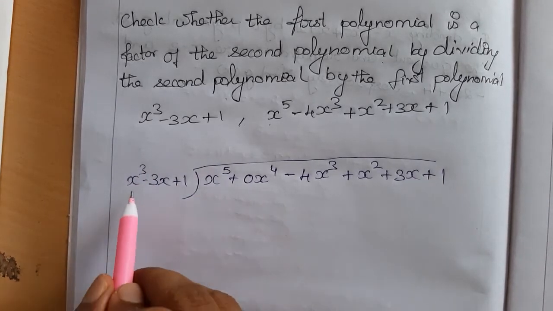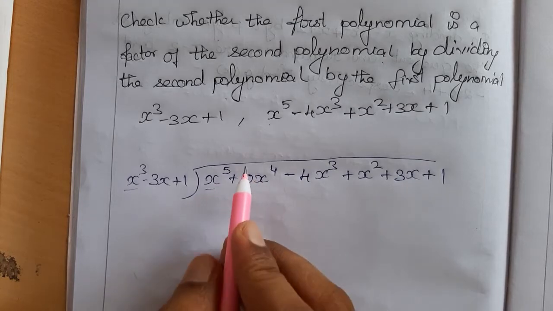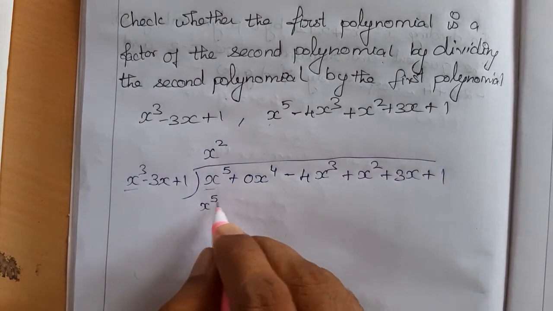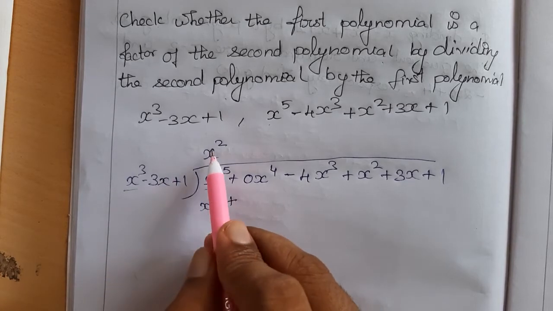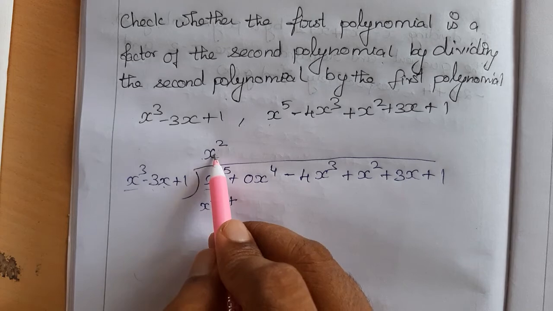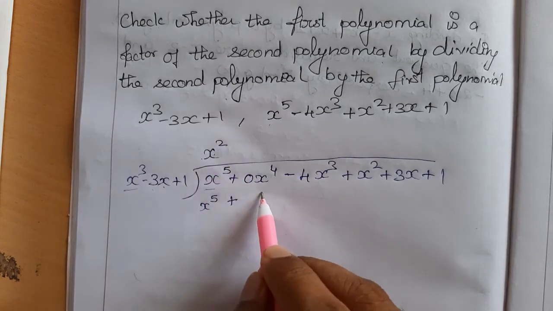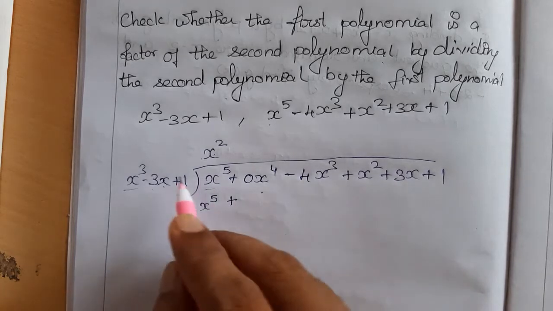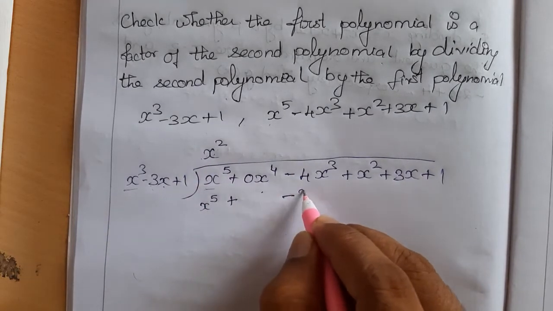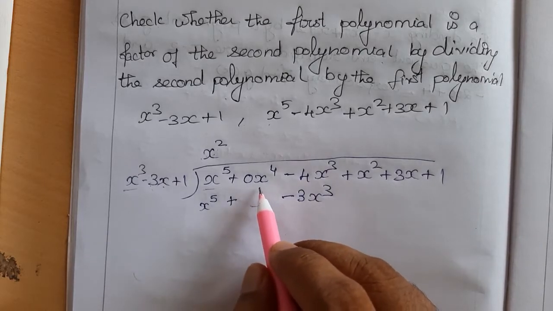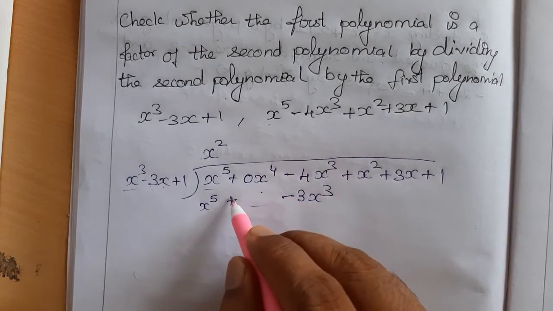So what we have to multiply with the x cube to become x power 5? x square, right? x square into x cube is x power 5, plus x square into minus 3x is plus into minus is minus 3x into x square is x cube. Actually this is x power 4. So the x cube term should be written below the x cube, right? So plus into minus is minus 3x cube. Don't write here because only the x power 4 term should be written below that. Otherwise just leave it. Okay.